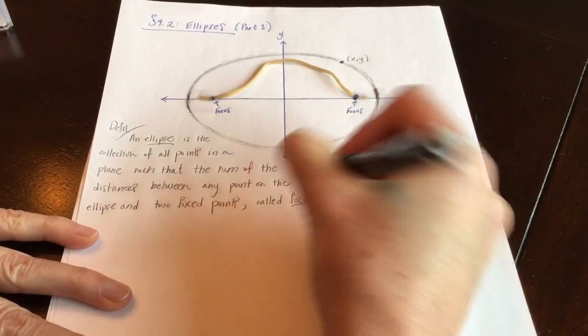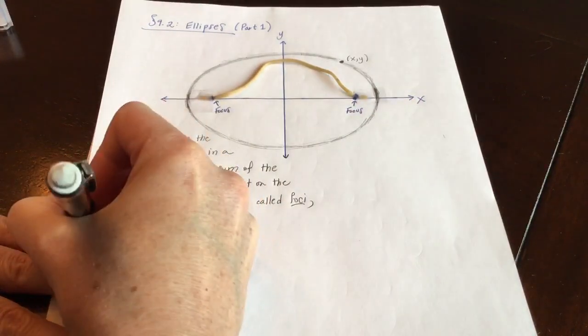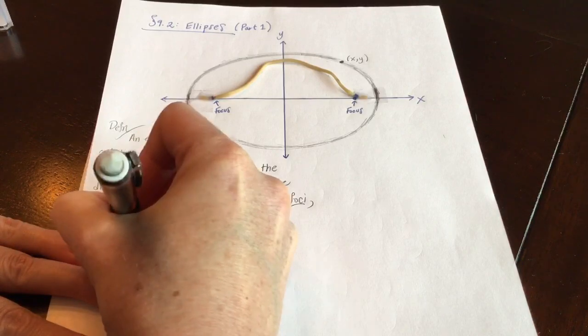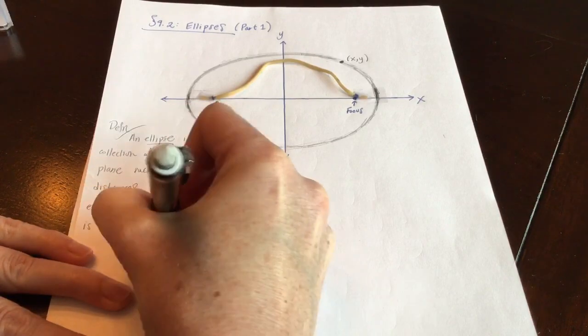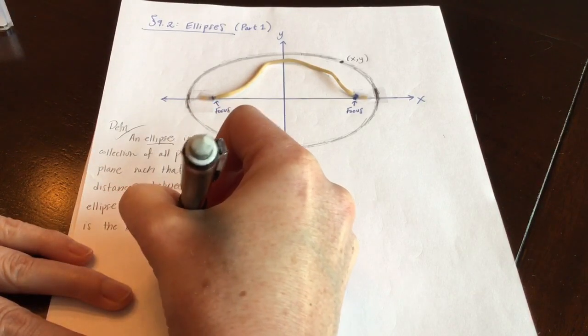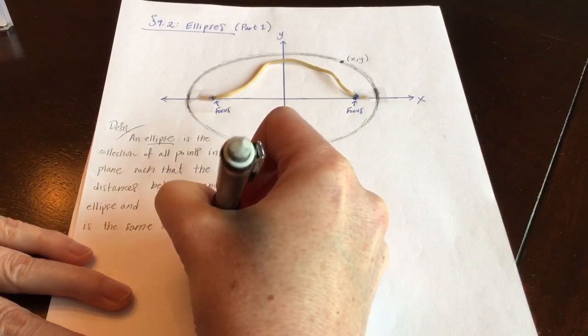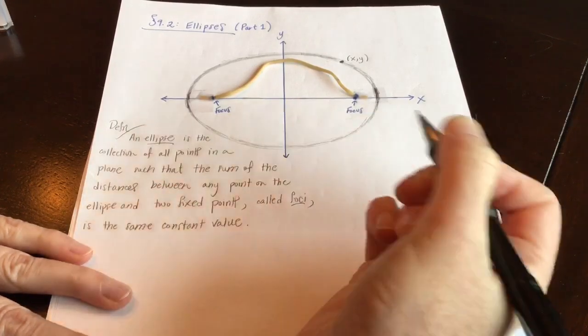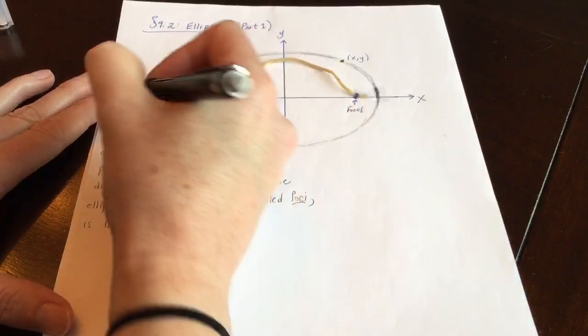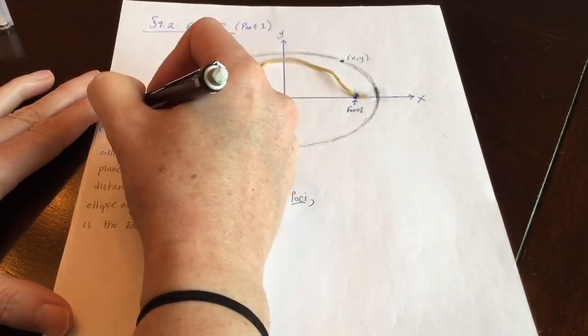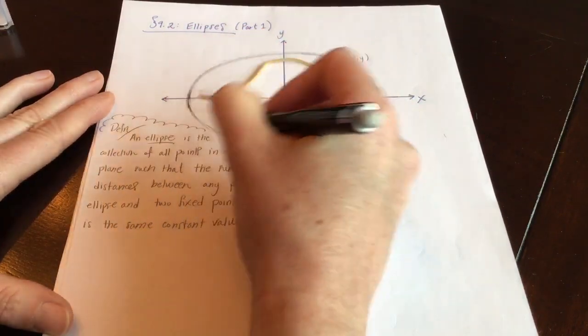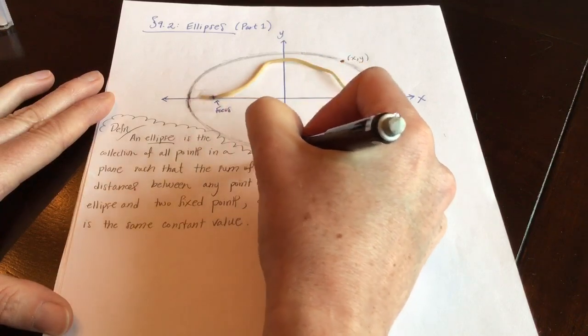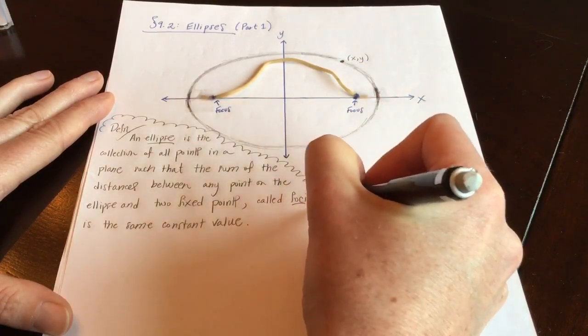I'll underline that since we just defined it. Is always the same constant value. Here we go. And when we get to the derivation of the equation of an ellipse, it's going to be very much based on this definition.